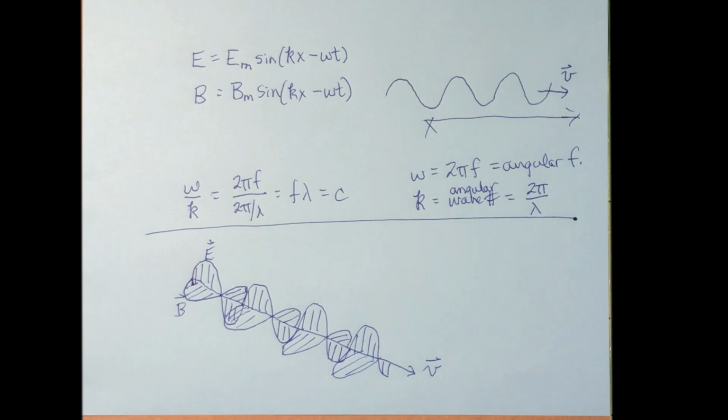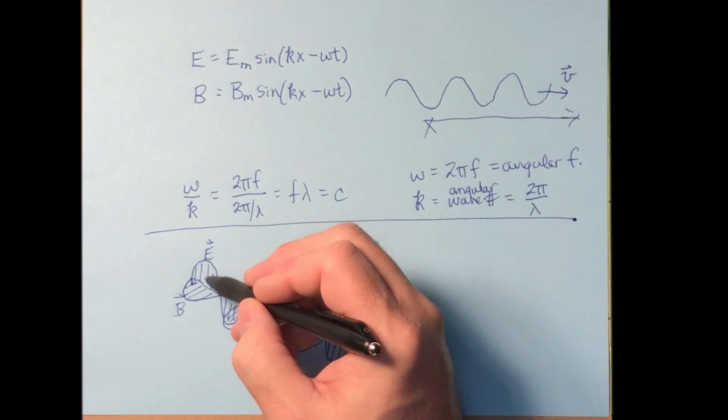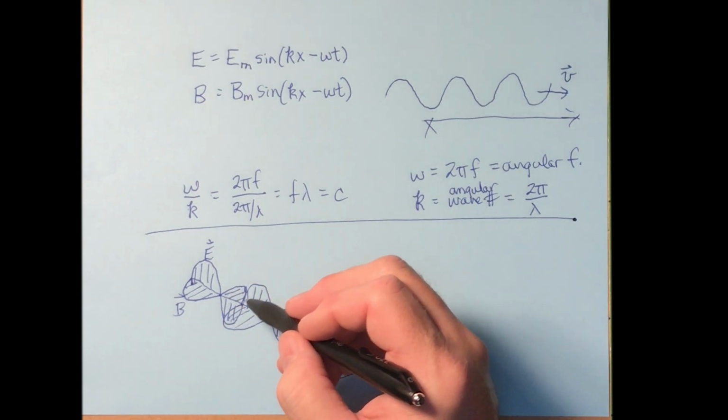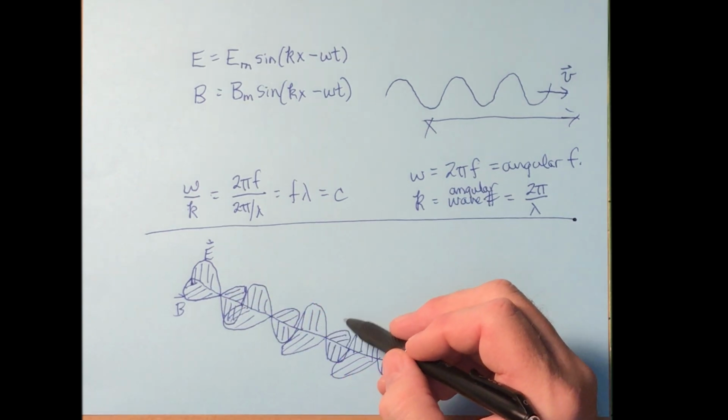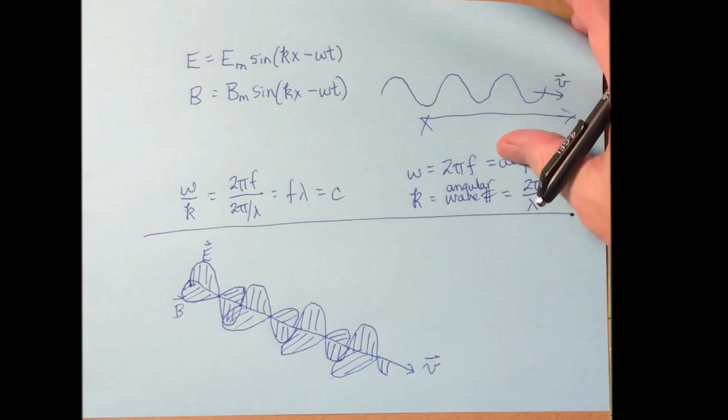So the best model that we have to explain the way light propagates and moves and creates itself is a self-propagation model like this. So these two fields essentially create each other, and that creation then propagates the energy along. That's the best model we have to explain light, and light still to some degree remains a big mystery.